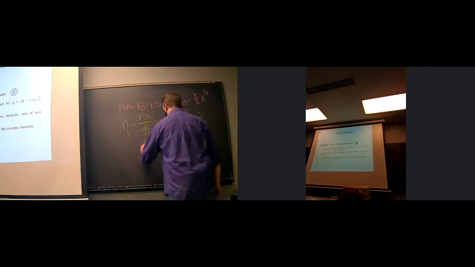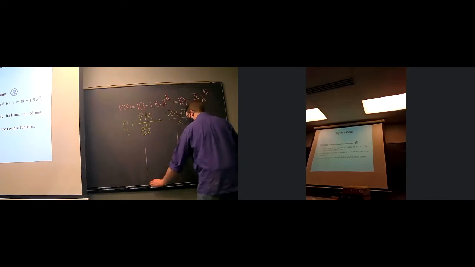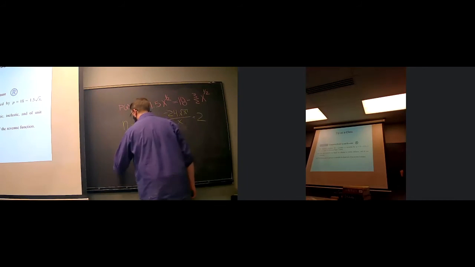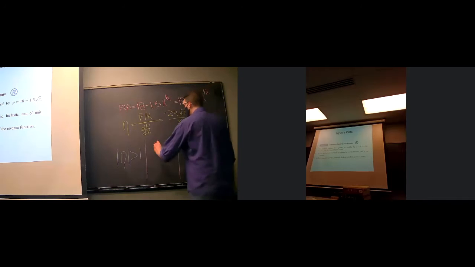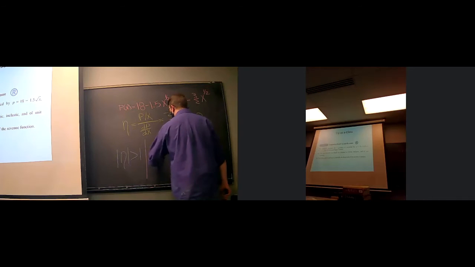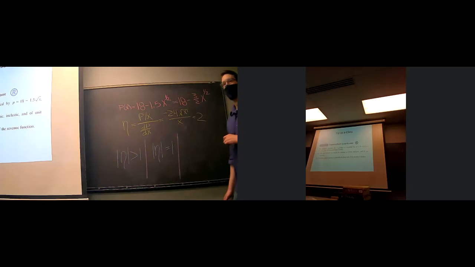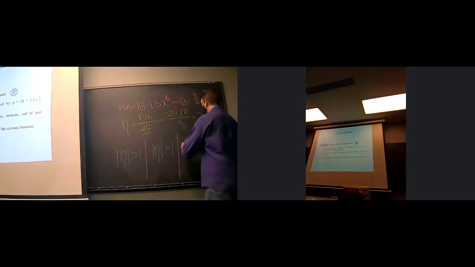What we're looking for is when this thing, eta, the absolute value of eta is greater than 1, the absolute value of eta is equal to 1, and the absolute value of eta is less than 1.